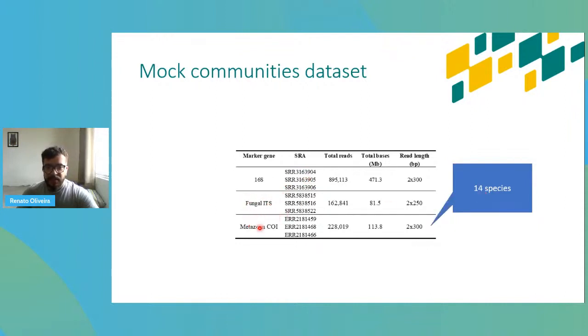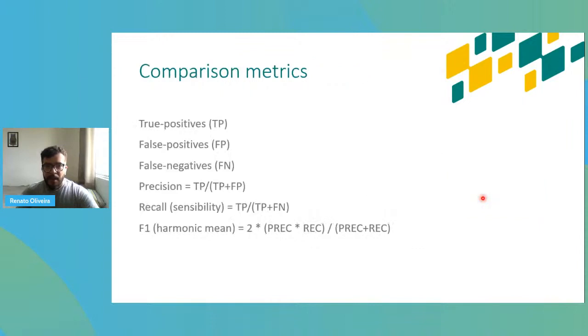And the last dataset was for metazoan cytochrome oxidase, comprising 14 species. The comparison metrics that we used were true positives, false positives, and false negatives. And with these values, we could calculate the precision and the recall. And with these two values, we could calculate the harmonic mean using this formula.